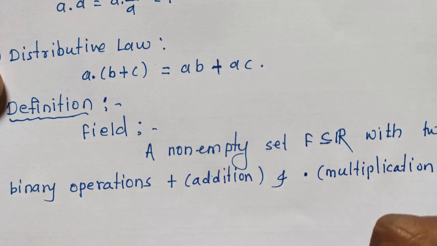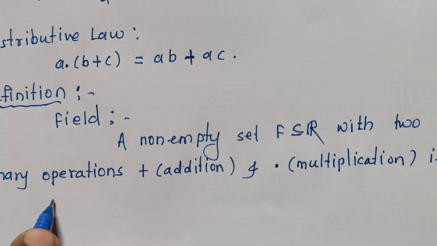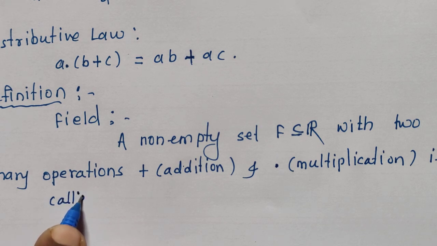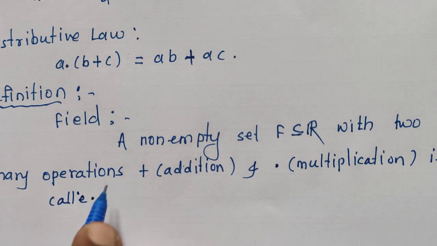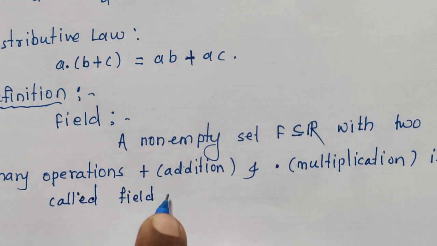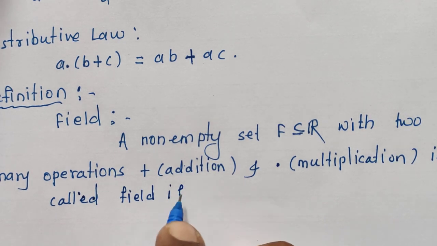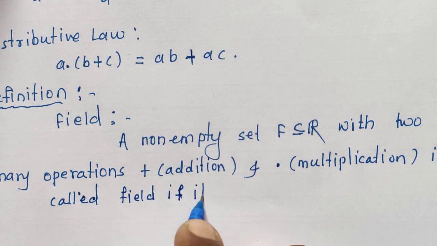It's called a field if it satisfies all the above axioms.